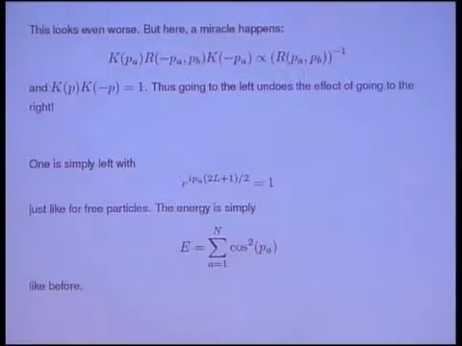But here's the miracle. If you just look at the specific answers for R, which I didn't even write out because they're ugly, but you can look in our paper and see what they are. For this particular problem I wrote down, what happens is that the R matrix, this bare S matrix, when you flip the sign of one of the momenta, becomes the inverse of the R matrix without the momentum flipped.